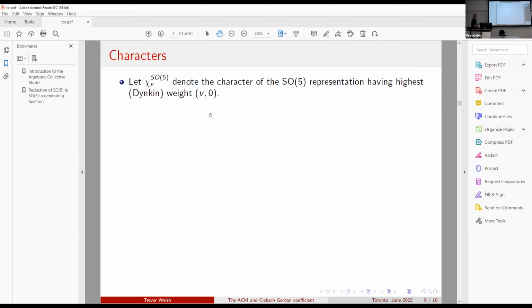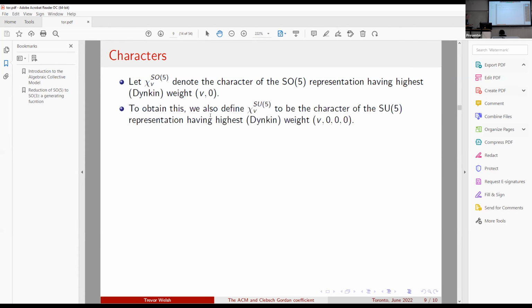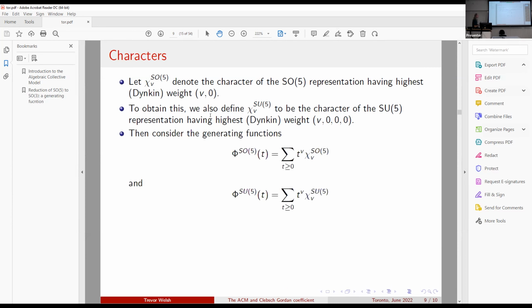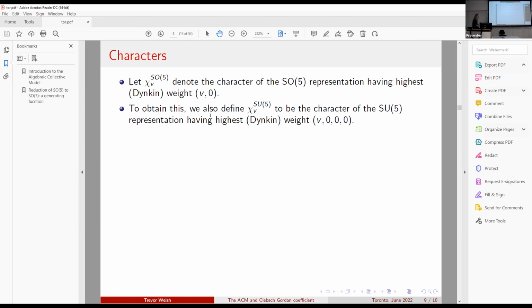Here, chi superscript SO5 subscript v denotes the character of SO5 having highest weight v0. So that's a very obvious notation. We want to find an expression for this, but we're also going to need the corresponding character of SU5.